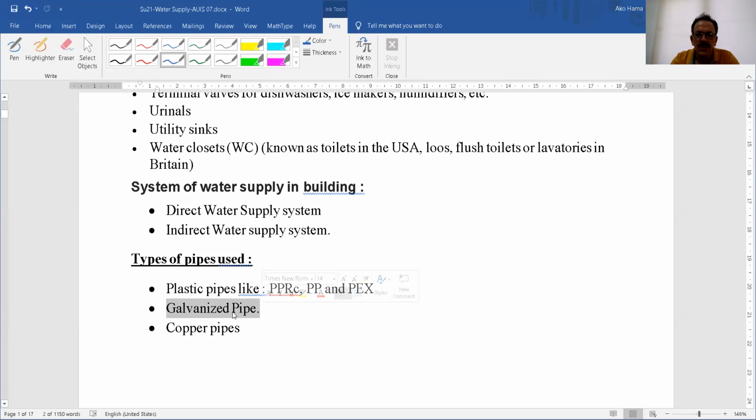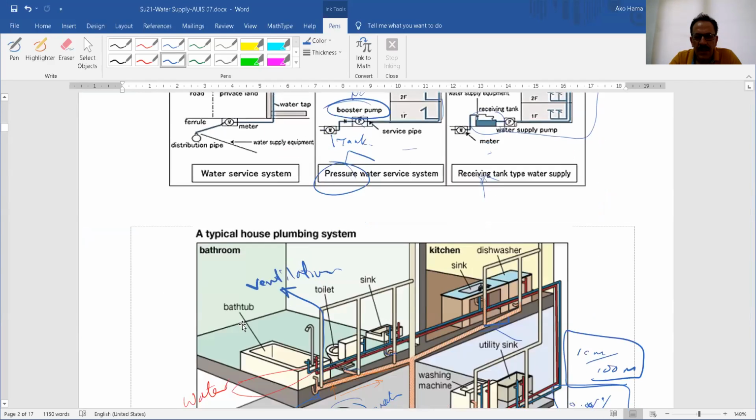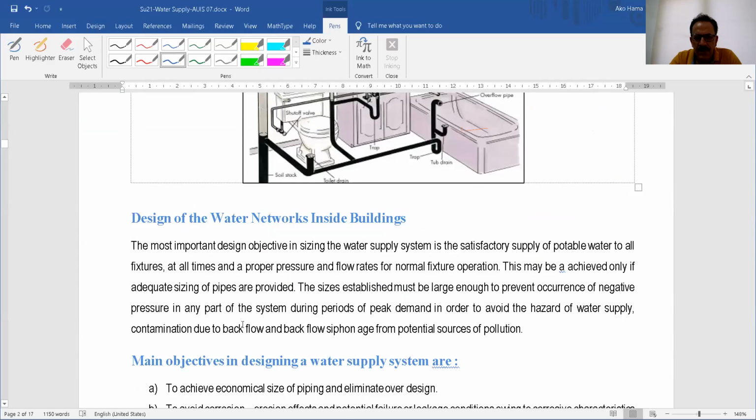Galvanized was used early on, so nowadays we are not using galvanized pipes. It is now used for gas, and copper is also nowadays not used. These are all the types of pipes that we have.